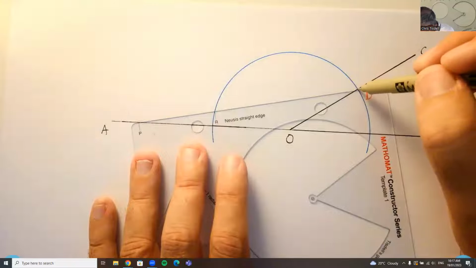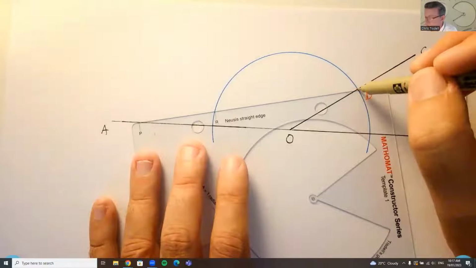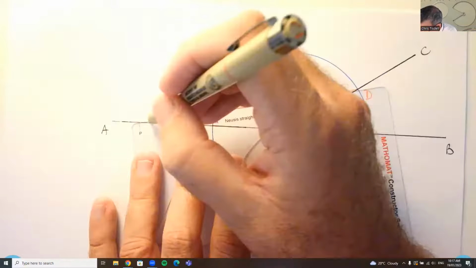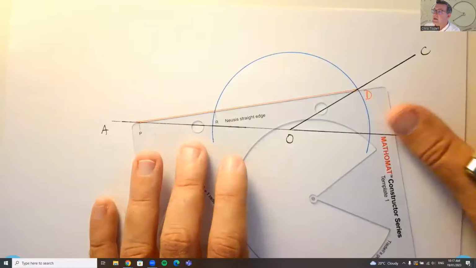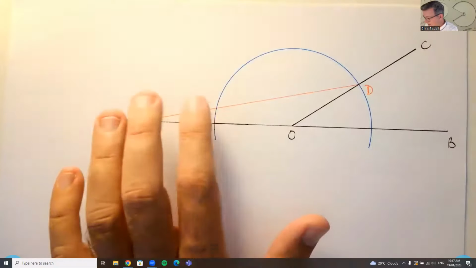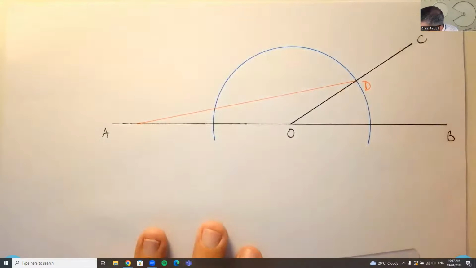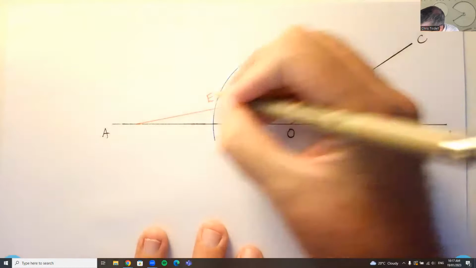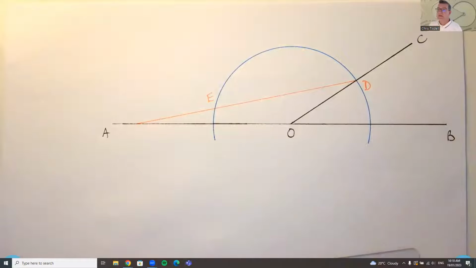Now obviously you can't do this with an unmarked straightedge. And then I'm going to rule a line until I cut AB and the arc. So I've got a new point there. Let's call it E, which is the intersection between this line segment and the arc.